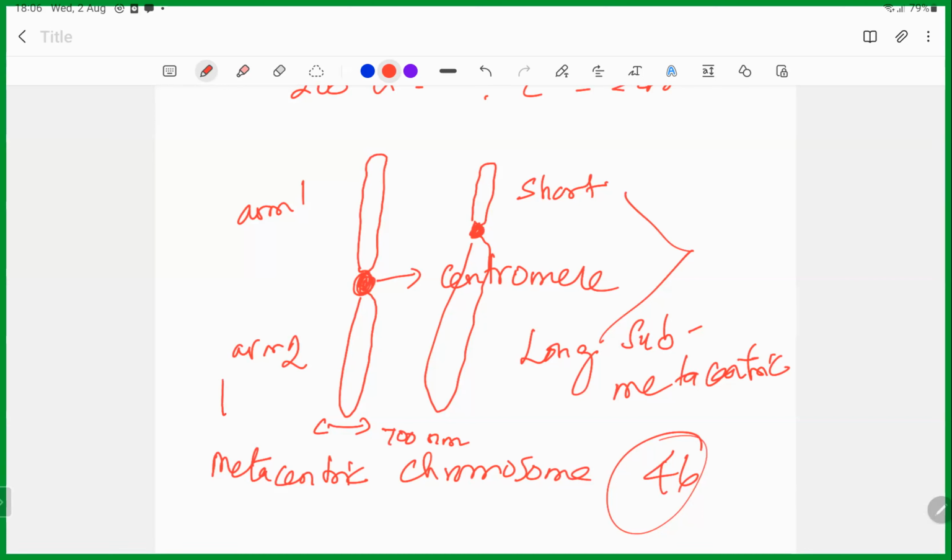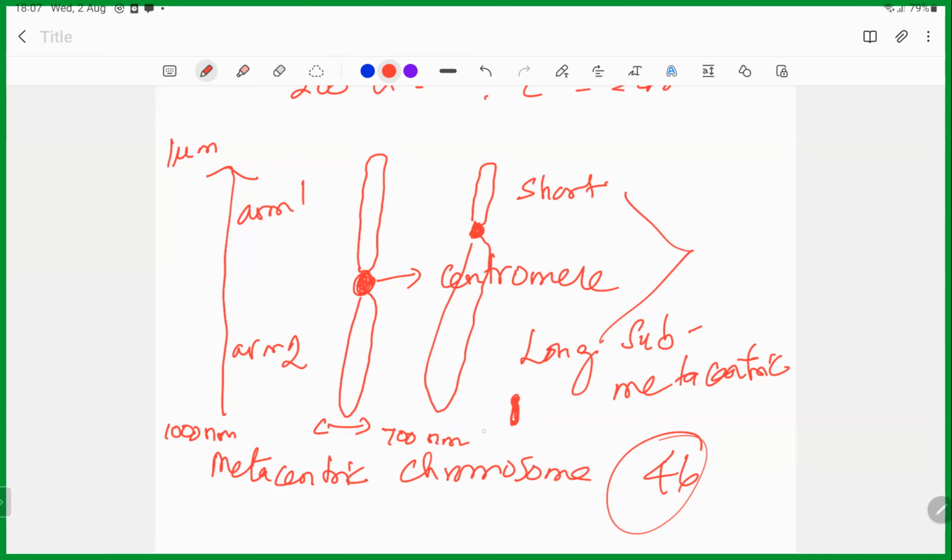And this length varies from maybe 1000 nanometer to, you can say, 1 micrometer. Can you understand? 1000 nanometer, because one chromosome, for example your Y chromosome, is this much size only. The human Y chromosome is the smallest chromosome.